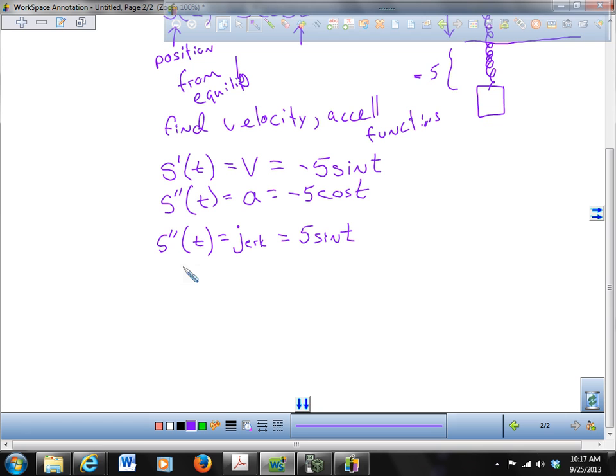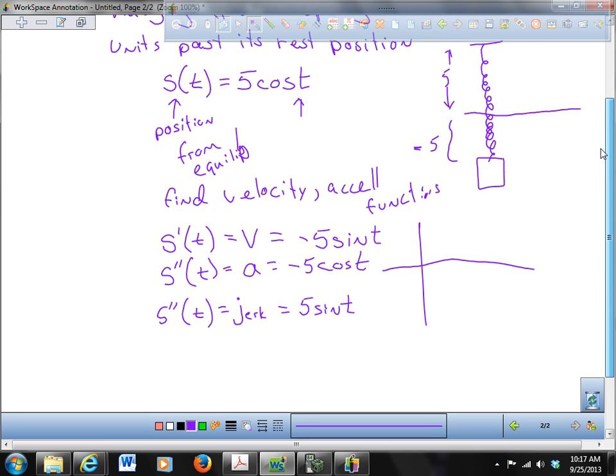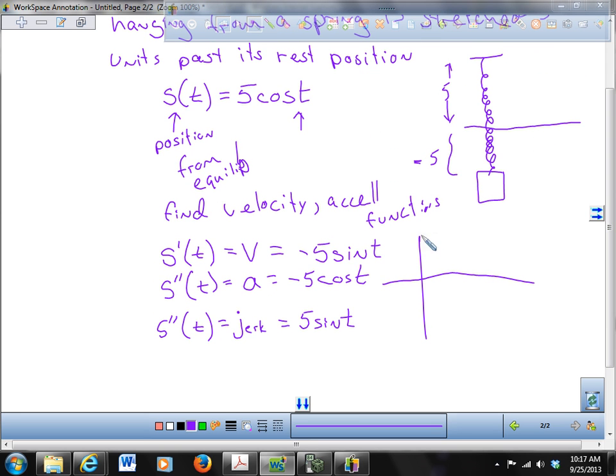Okay, so they talk about gravity and stuff like that. So for instance, with this function, if I were to graph the original equation over here, which is 5 cosine t, which looks something like this, so this is 5, and this is negative 5.